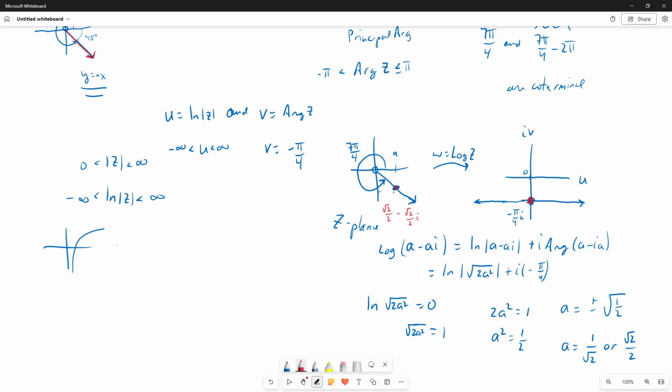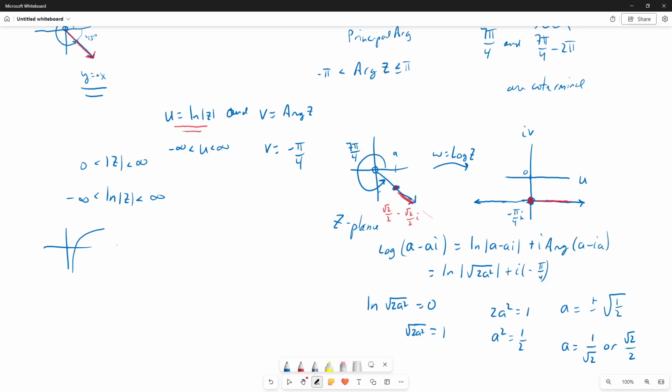Now, as z moves in this direction along the ray, away from the origin, the modulus of z gets larger, and that means that u gets larger. So as we move this way on the ray, we're going to map to larger values of u.